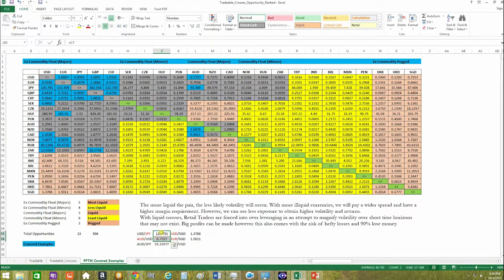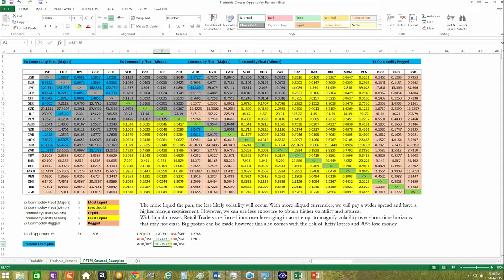Now the cells we referenced were C7, so column C, row 7. So we took the US dollar Japanese yen rate, and we referenced L5, so column L, row 5, here.